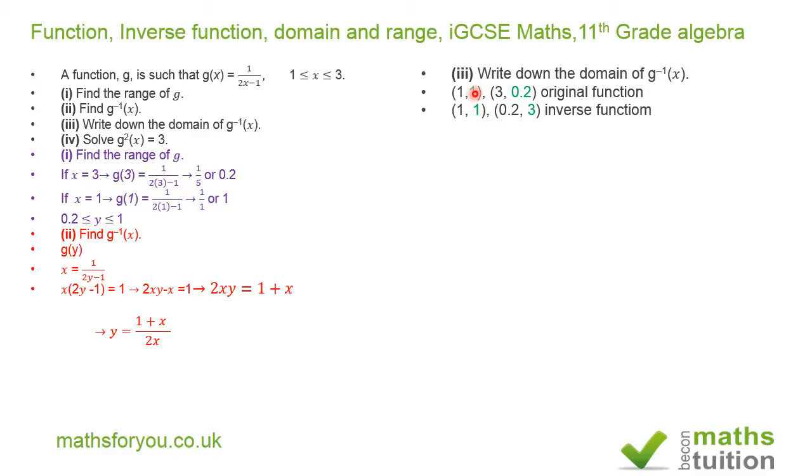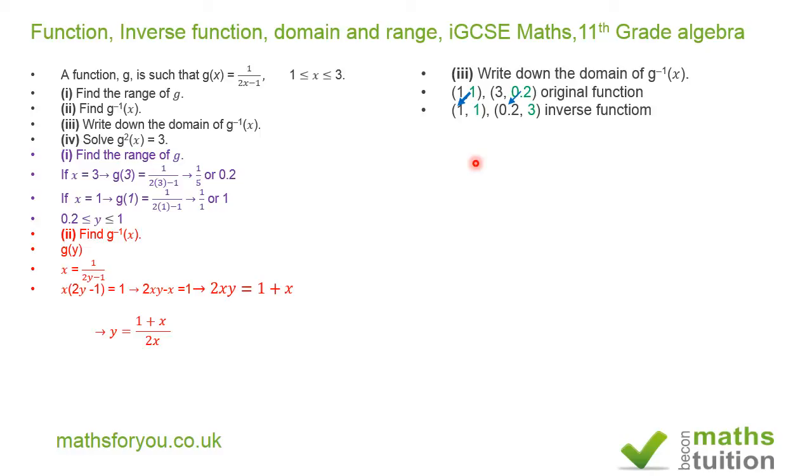Now, what's happened is that this one here has switched to that one there. And this one here has switched to this one here. So, to make it a bit more clear, that's what's happened here. That one is switched over there, and that's switched over to that one there.